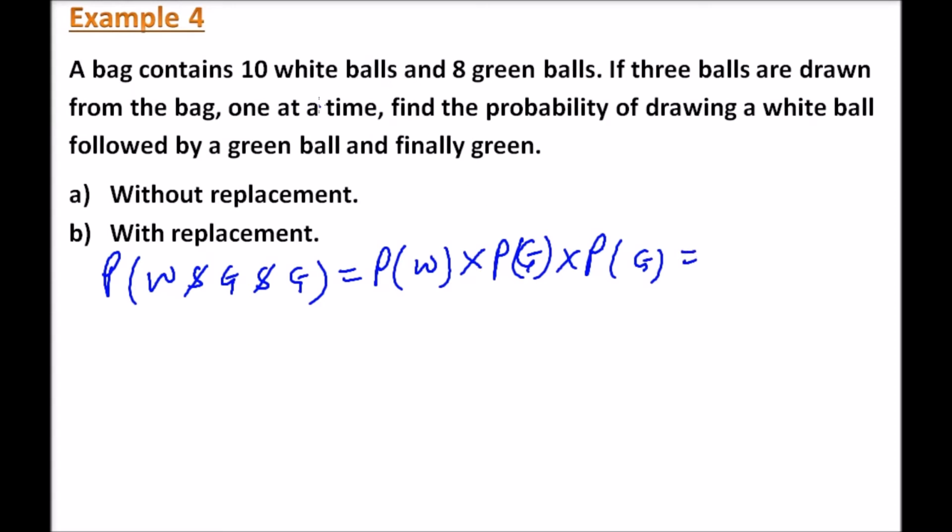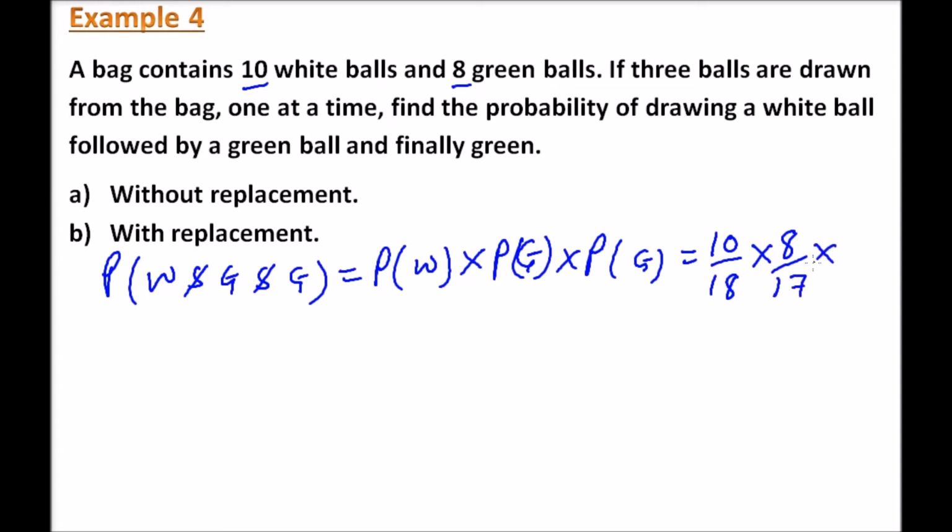the total number of balls are 18 and we have 10 white, so that is 10 over 18 multiplied by 8 over, since in the first place we are not replacing, it will remain 17.